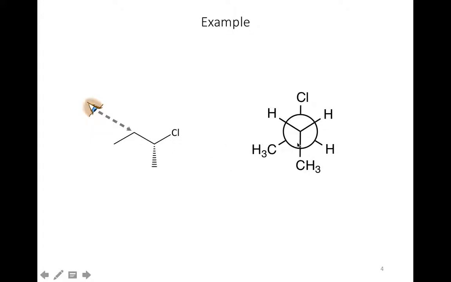Right, so this is the bond we're looking down, and so these are my three groups on the front carbon. Right, the methyl is going down, and then the hydrogens 120 degrees apart from each other and the methyl, and then the chlorine going up off the back carbon. This is going away from us, and so when I rotate it, the methyl is going down into the left, and we've got another hydrogen down into the right.